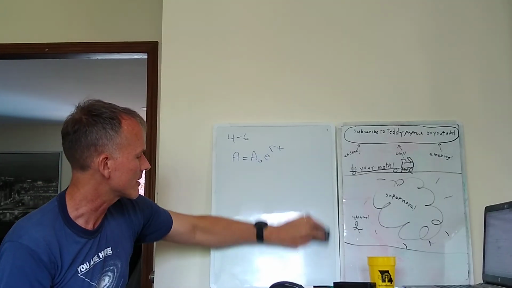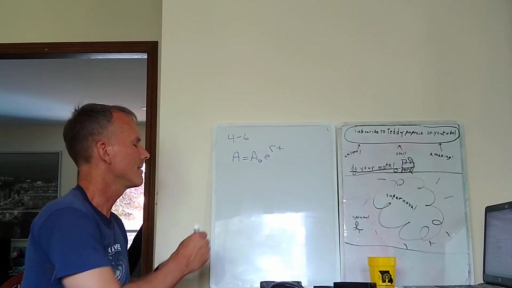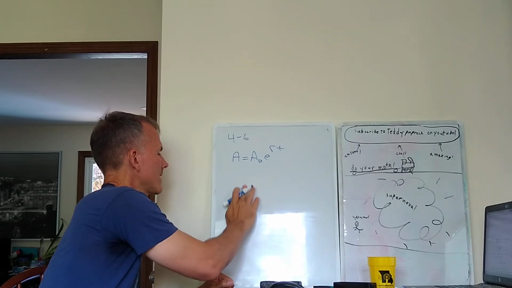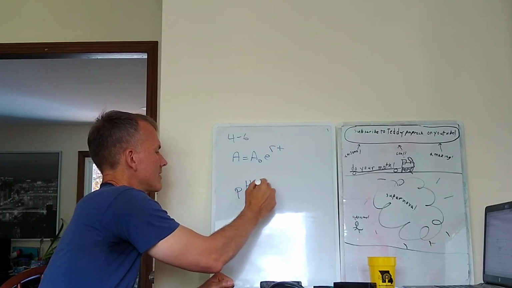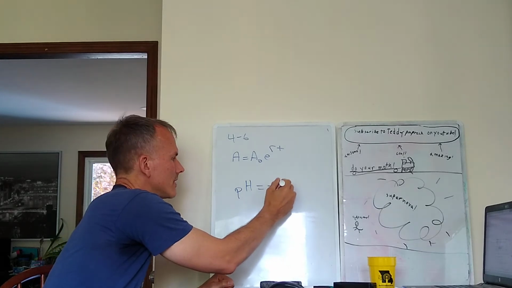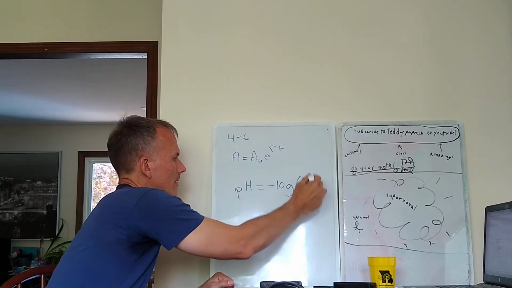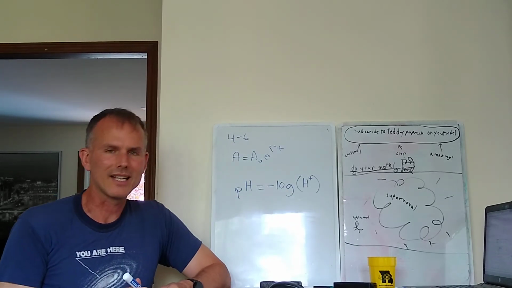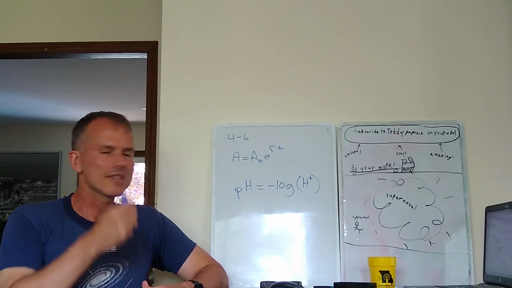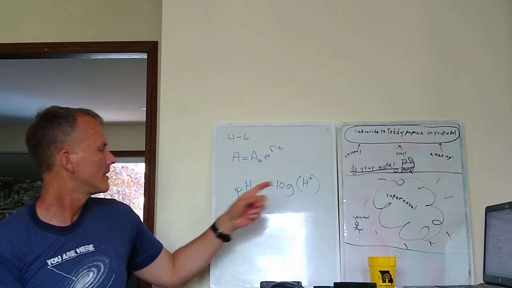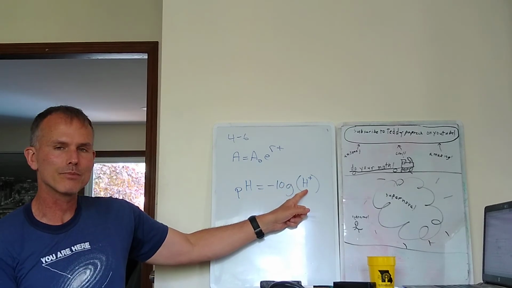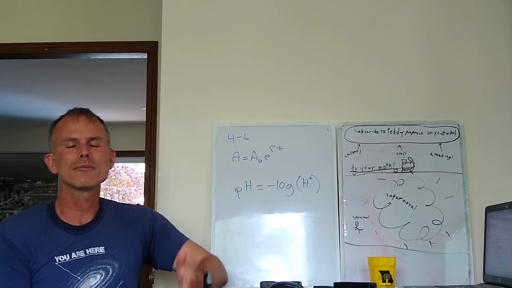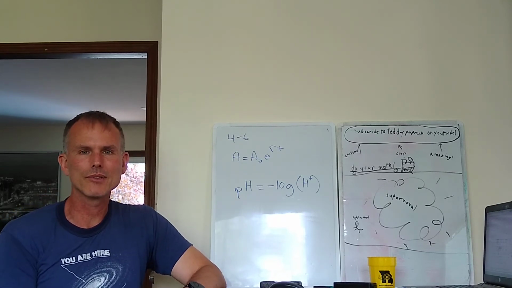These next problems are just going to be some applications. pH, lowercase p, uppercase H, is the negative log of the hydronium ion H plus. So whatever the concentration of H plus is, you take the negative log of that, and that gives you your pH.